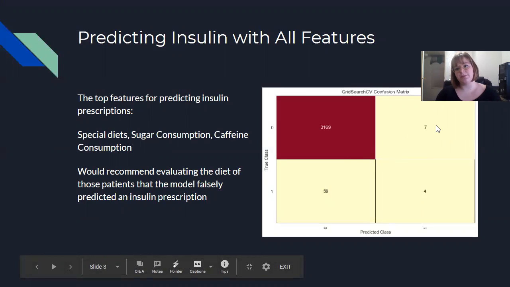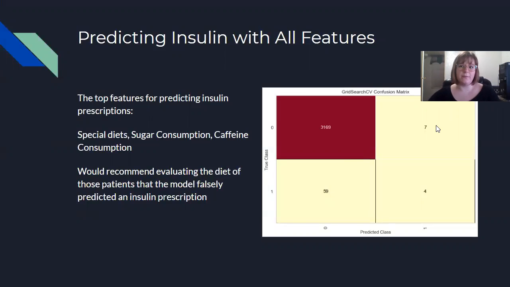And then these 7 are people that our model predicted are on insulin, but they were not. What that's telling me is that they have factors in common with people who take insulin, and it might warrant a visit to their doctor and just ask them about how they might change their diet in order to prevent future insulin prescriptions.